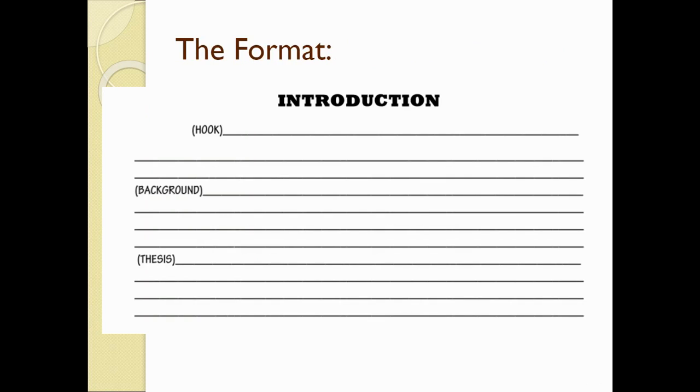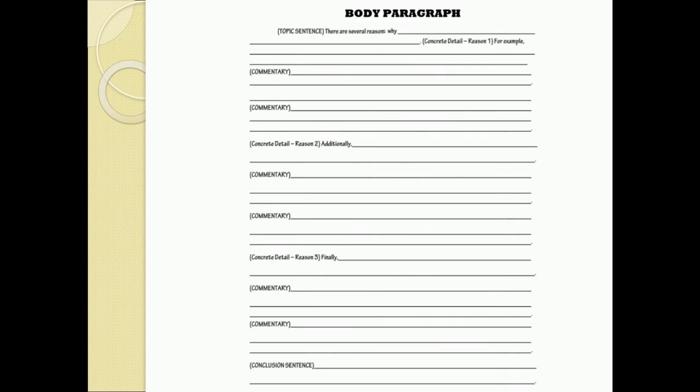So, this is just a basic format. Hook, background, thesis is the introduction. Then this is one body paragraph. So you have your topic sentence, you have your example, then you have two sentences explaining it, then you have your next example, and you have two sentences explaining it.